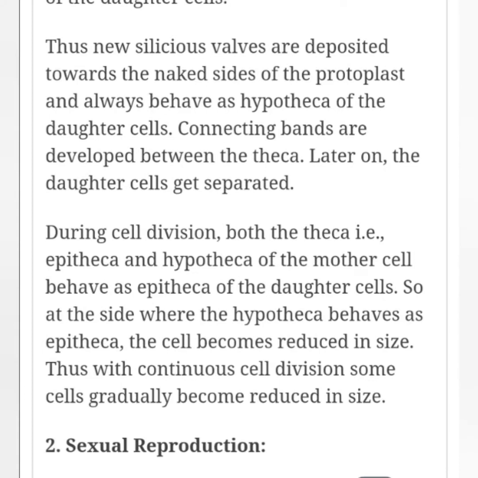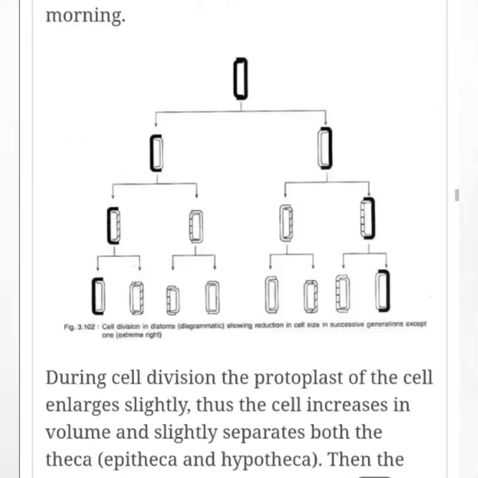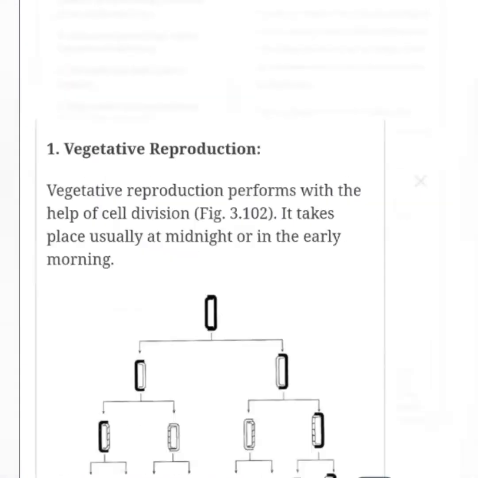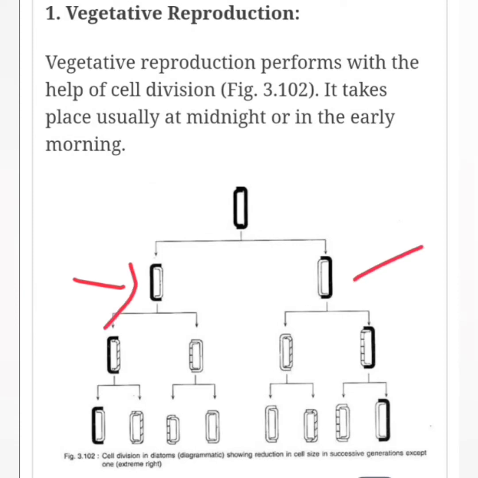And so at the site where the hypotheca behaves as epitheca, the cell becomes reduced in size. And thus with continuous cell division, some cells gradually become reduced in size. So you can see in this diagram, as cell division continues, the epitheca is always slightly larger than the hypotheca.